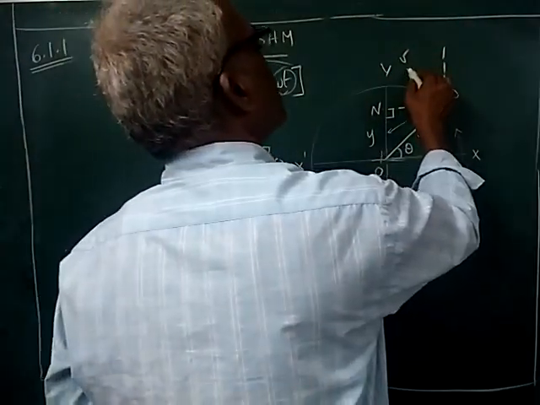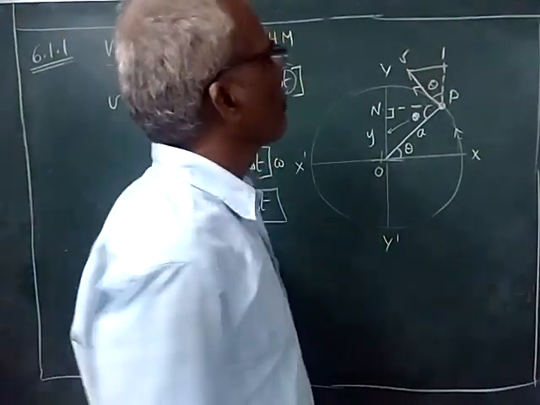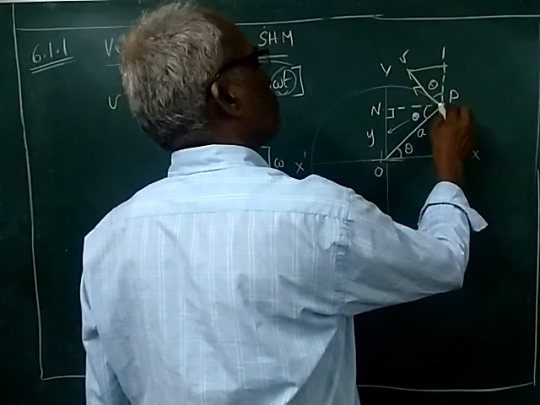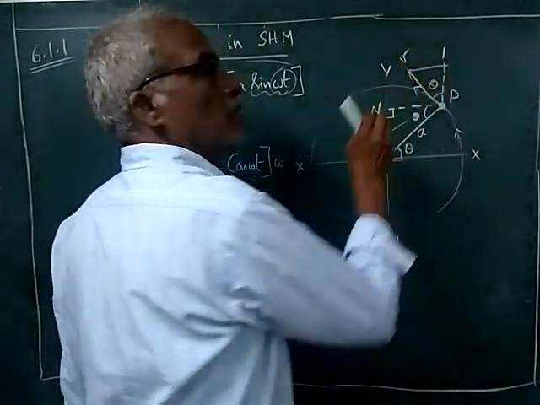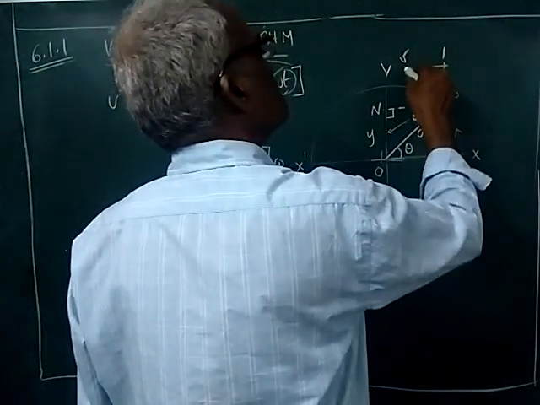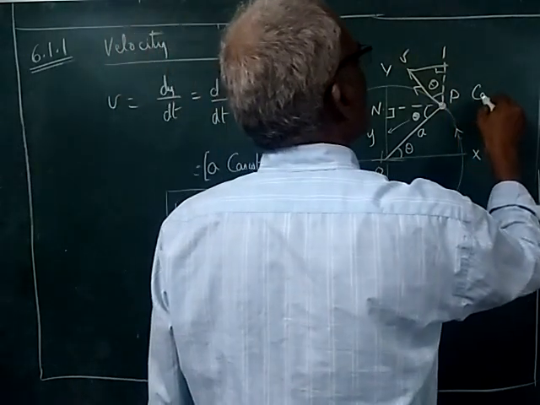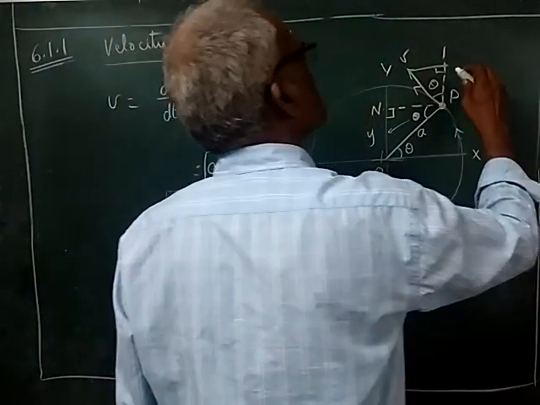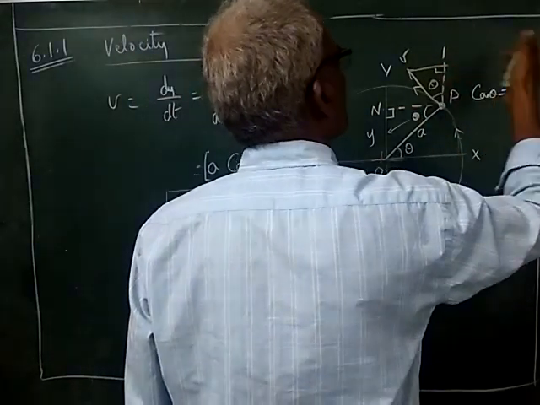The velocity at this point, moving in this direction, is v. This is resolved into horizontal and vertical components. If you consider this triangle, this is theta, this is 90. So cos theta is equal to the adjacent side by the hypotenuse.